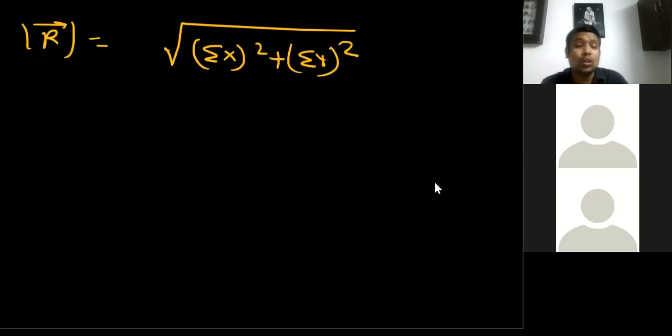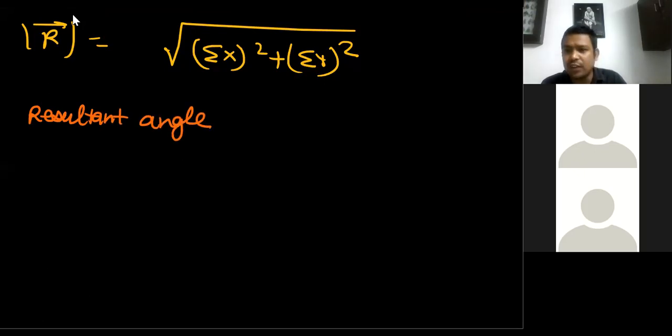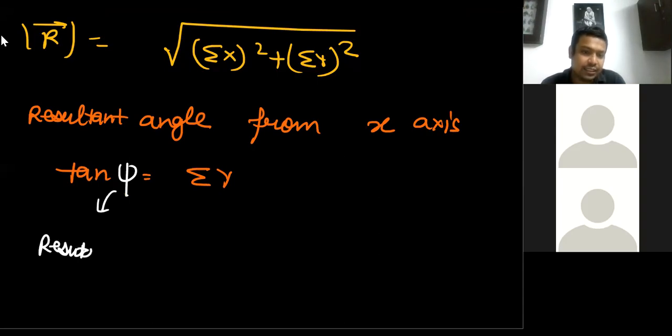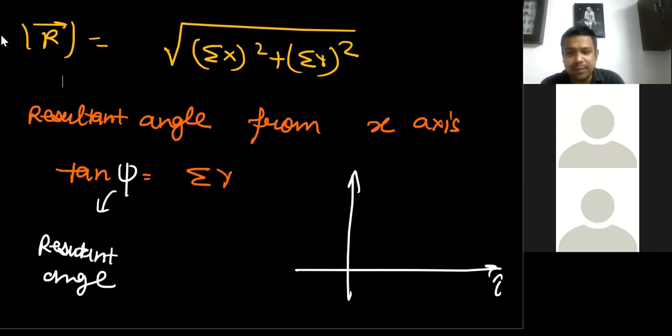Suppose you want to find the resultant angle from the x-axis. Psi is the resultant angle. Here this is i cap, this is j cap, and this is k cap, the three unit vectors.